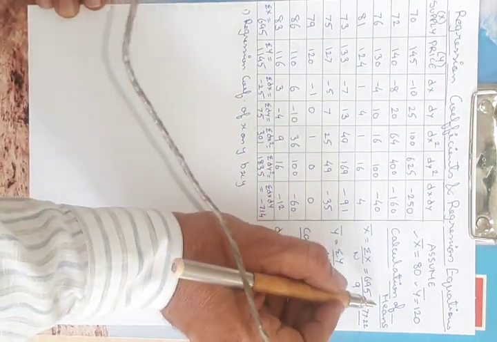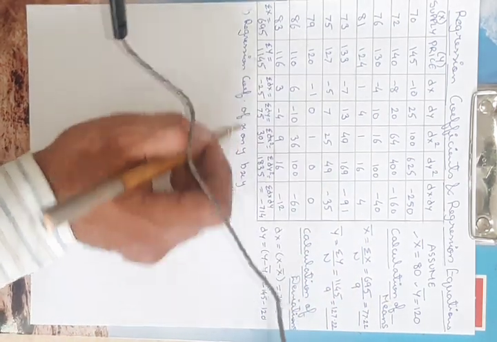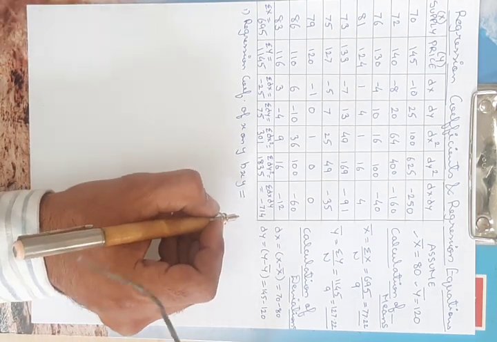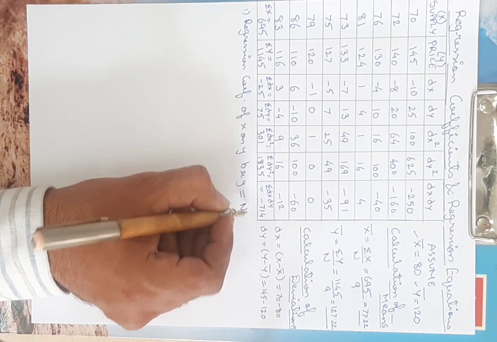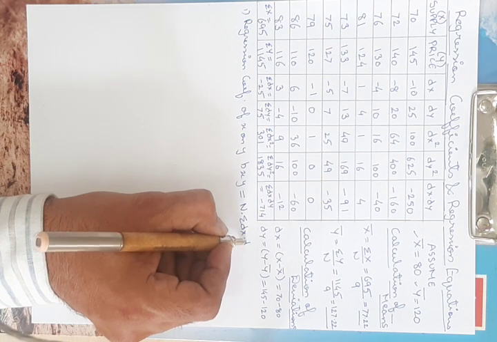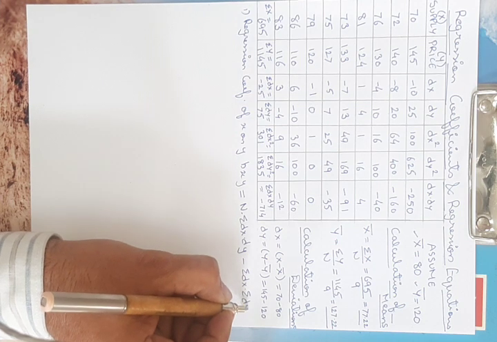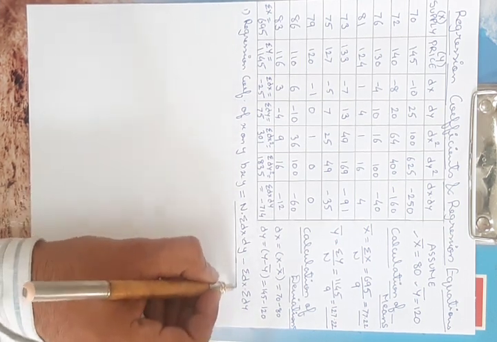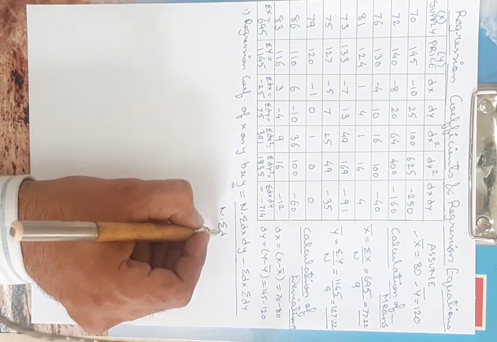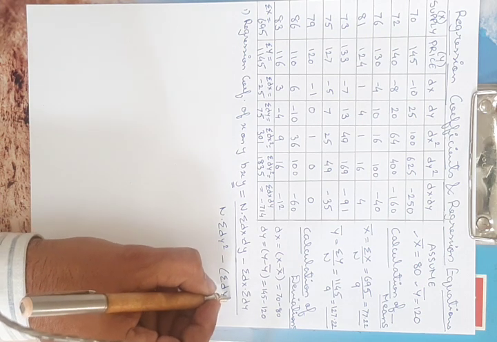Friends, since dx as well as dy is a non-zero value, we are going to use the shortcut formula, which is bxy is equal to n into summation of dx into dy minus summation of dx into summation of dy, divided by n into summation of dy square minus bracket summation of dy bracket square.